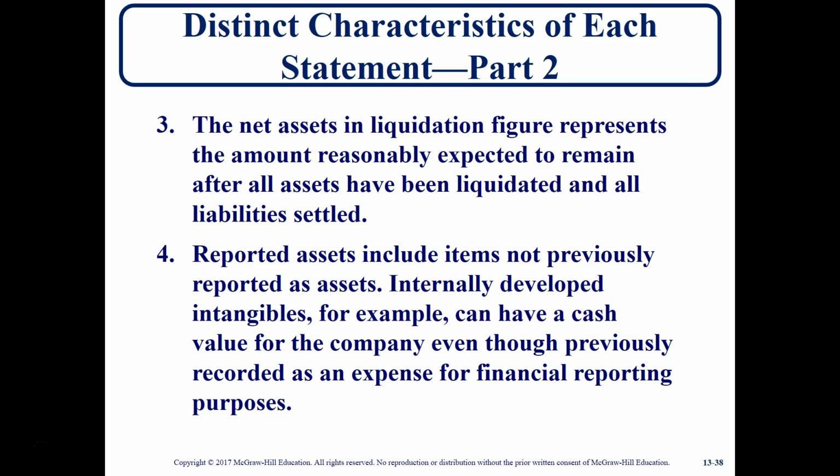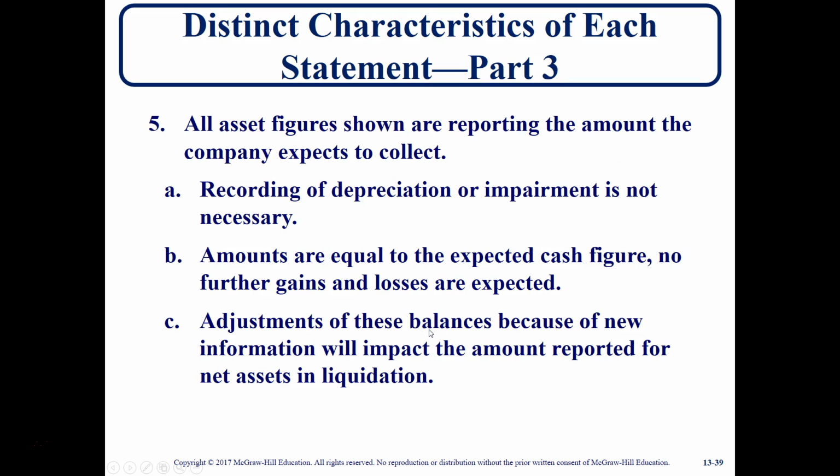Reported assets include items not previously reported. So internally developed intangibles, for example, can have a cash value for the company, even though it was recorded as an expense. All asset figures shown are reporting the amount the company expects to collect.